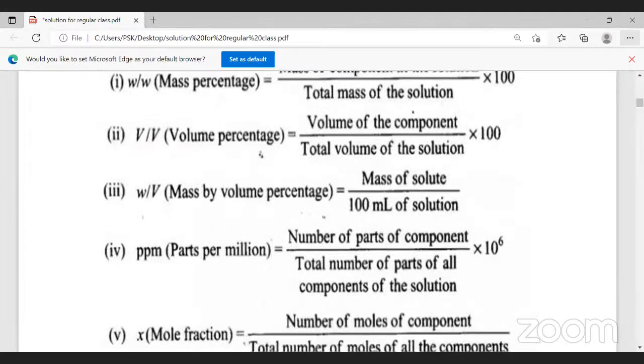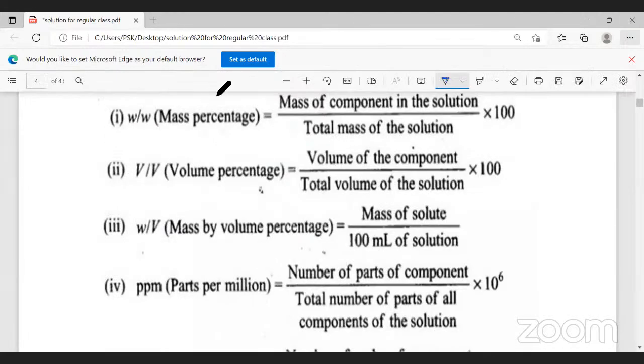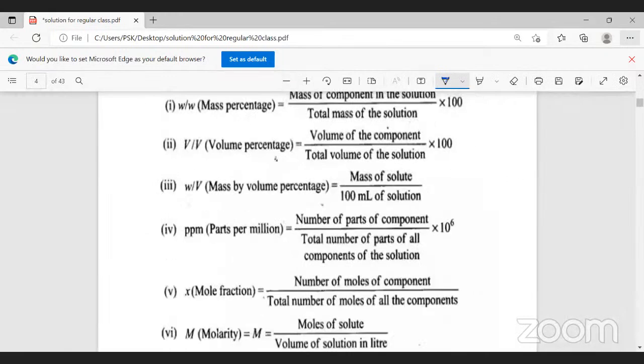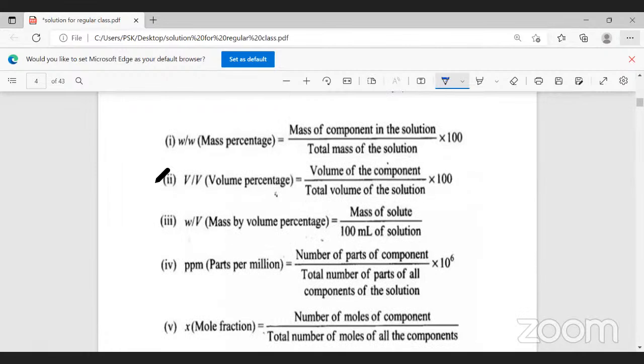What I taught you is represented in a table or a list of formulas. Weight percent or mass percent: mass of a component in a solution divided by total mass into 100.